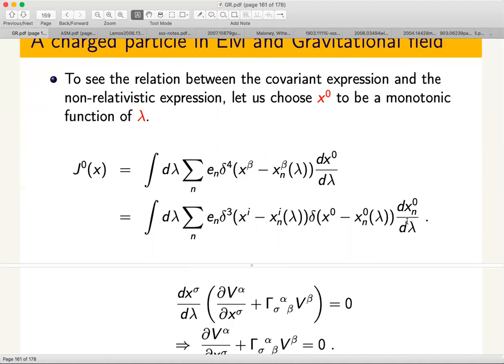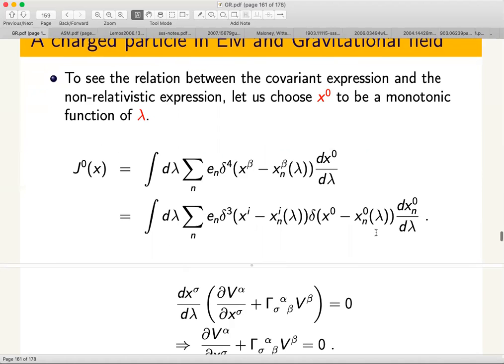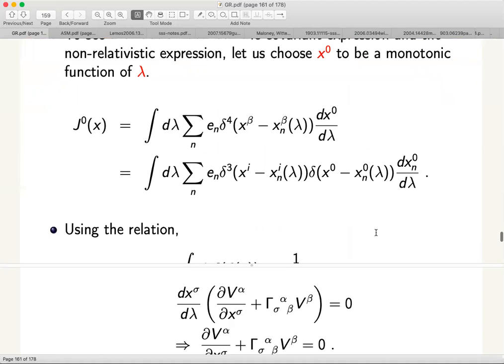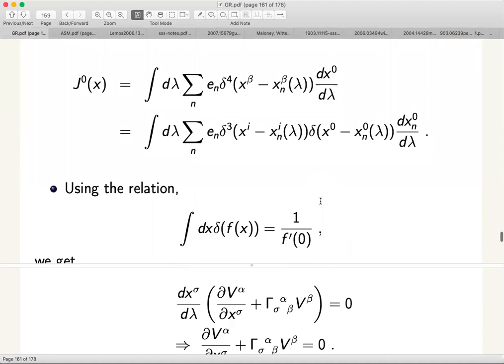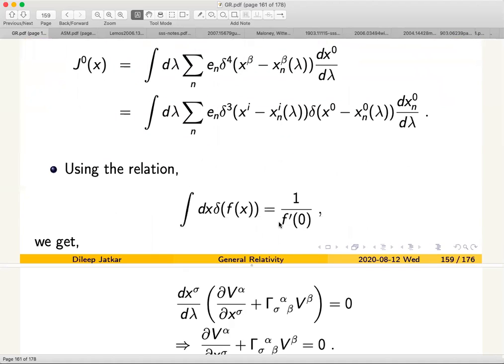Okay, and now we can just implement this transformation by using this delta function identity. If you write down delta of some function, then you can write that as 1 over the derivative of that function times the delta of the argument with respect to which the integral is being done.